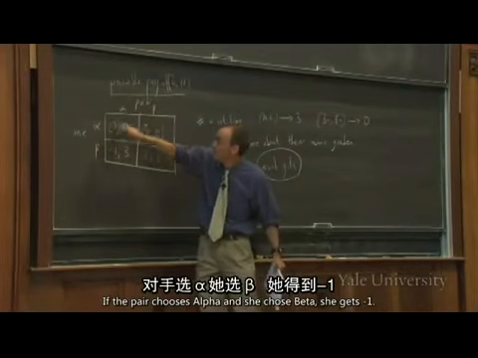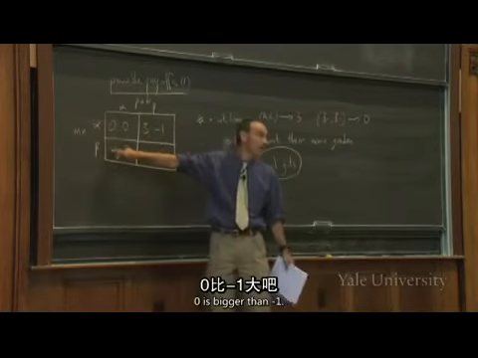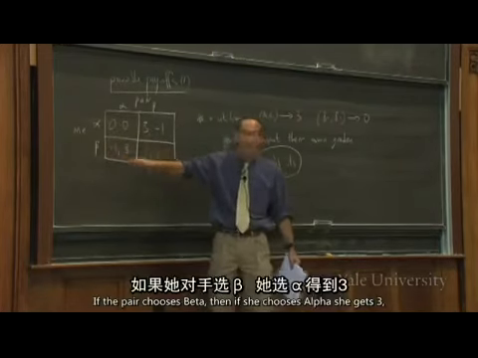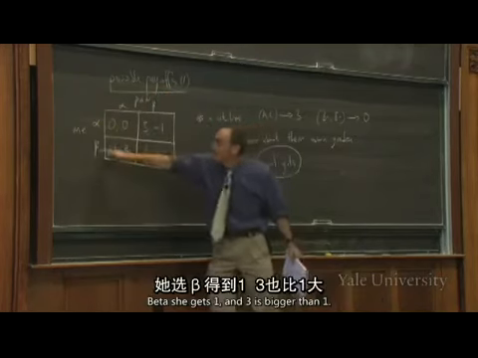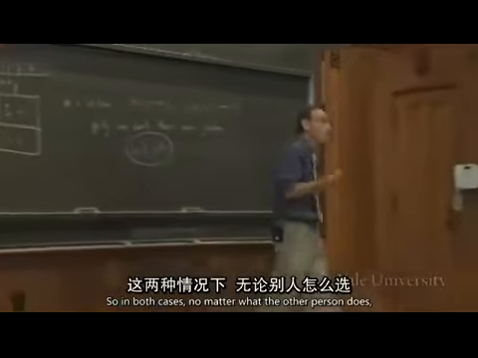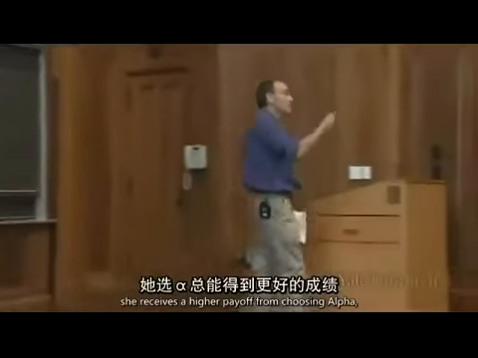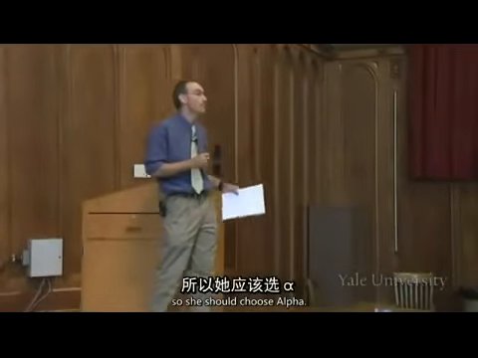If the pair chooses alpha and she chooses beta, she gets -1. 0 is bigger than -1. If the pair chooses beta, then if she chooses alpha, she gets 3, and beta, she gets 1, and 3 is bigger than 1. So in both cases, no matter what the other person does, she receives a higher payoff from choosing alpha, so she should choose alpha.